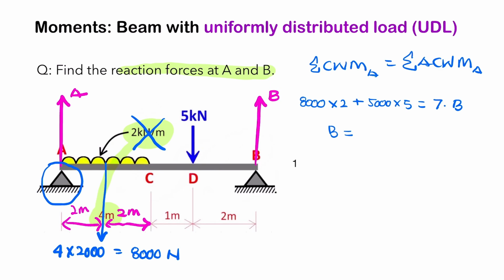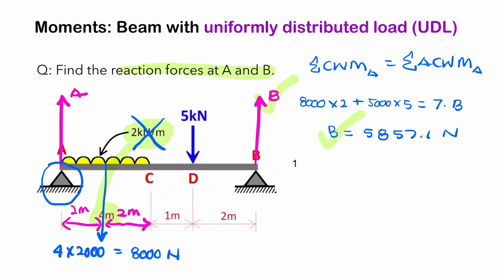B is 5,857.1 newtons. So now we've found the reaction at B, we still need to find the reaction at A.